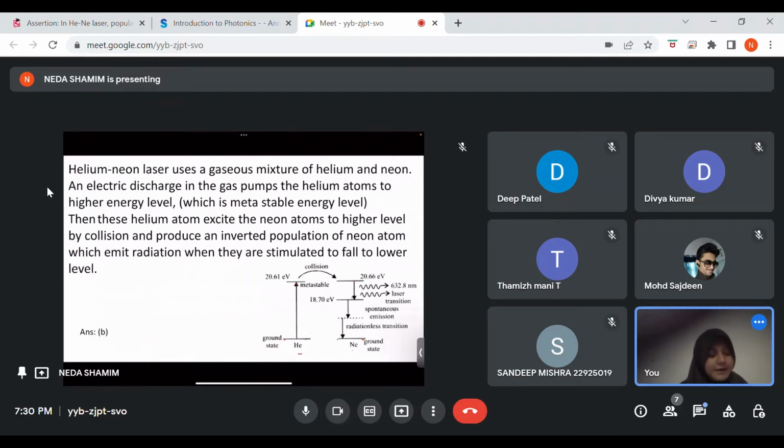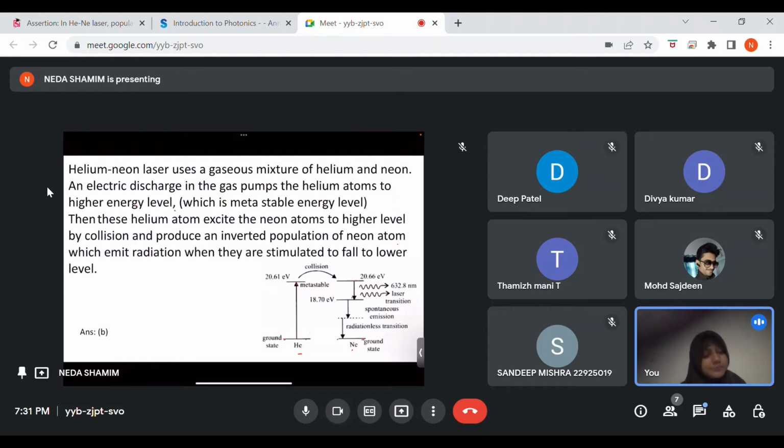As we see, electric discharge is passed, and this will pump the helium atoms to a higher energy level, which is a metastable state energy level. Then these helium atoms will excite the neon atoms to a higher level by collision, and this will produce an inversion of population of the neon atom, and this will emit radiation whenever it is stimulated. Now the excited state of the neon atoms is long lived.